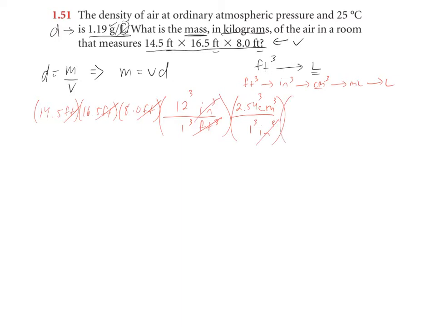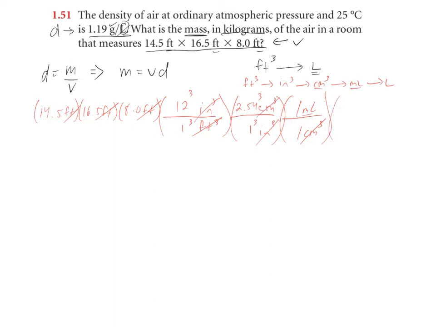Now I have cubic centimeters. Cubic centimeters is related to milliliters in that for every 1 cubic centimeter I have 1 milliliter. And here's where things start to equal out and you don't have to start cubing things anymore, because naturally this cubic unit here is equal to something that's not cubed, 1 milliliter. So those cancel out naturally.